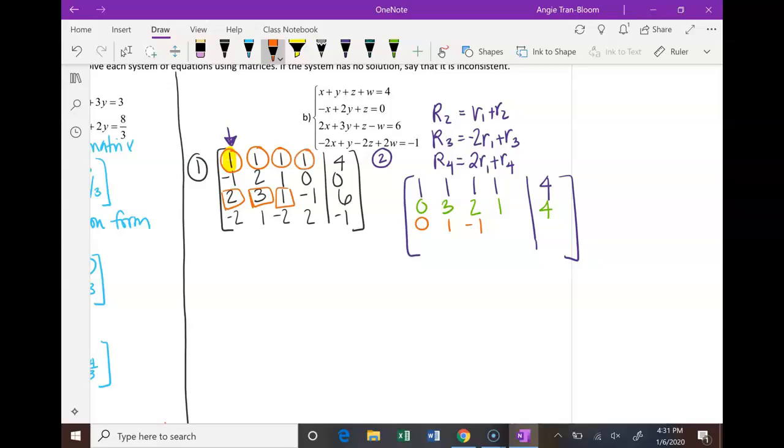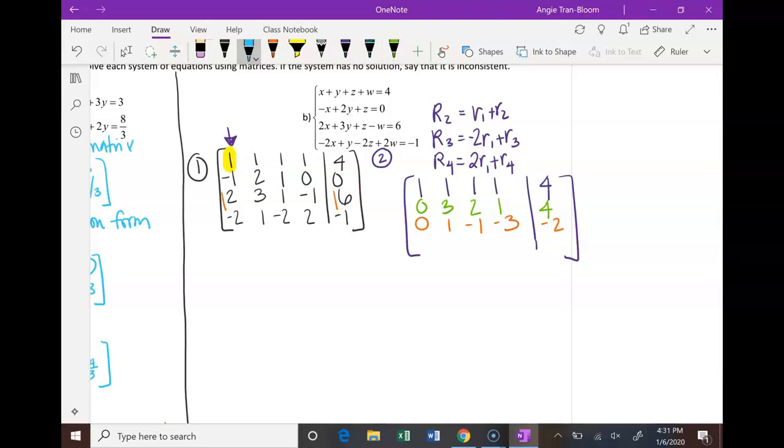Negative 2 plus a negative 1 is negative 3. Negative 2 times 4 is negative 8, plus 6 is negative 2. Let me double check my basic math. It does look okay. Next, again, I'm going to erase. I'm only doing this boxing and circling so you know what I am looking at, okay?